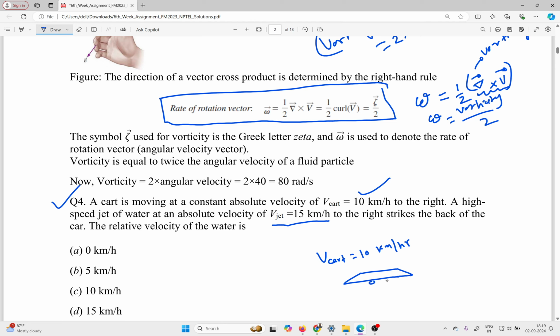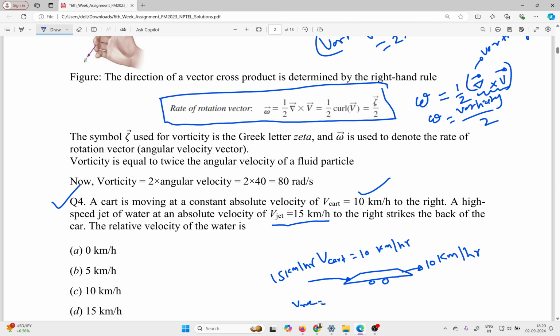A high speed jet of water at absolute velocity 15 kilometer per hour to the right strikes the back of the car.